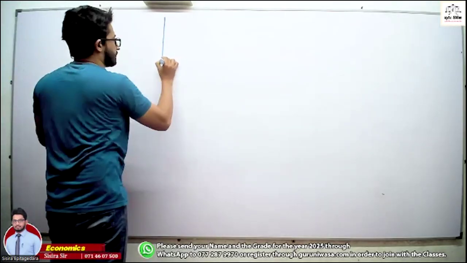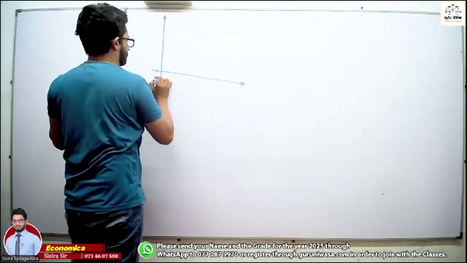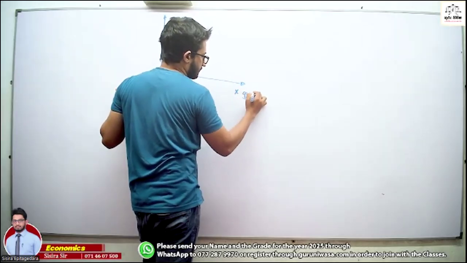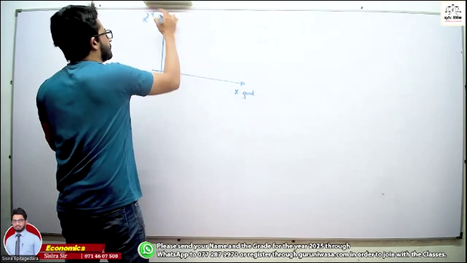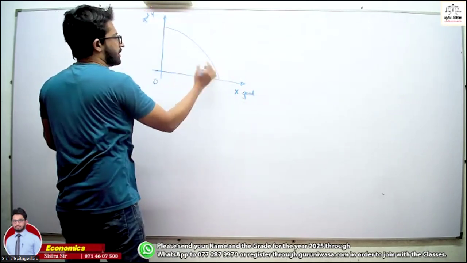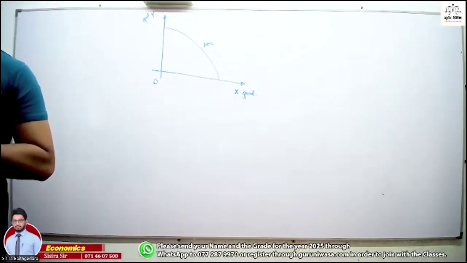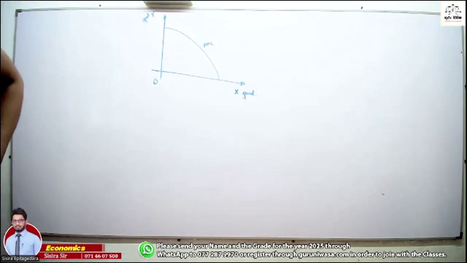This is the production possibility curve. Good X, good Y. This is the production possibility curve, PPC, right? This is the maximum production limit that the economy can achieve.